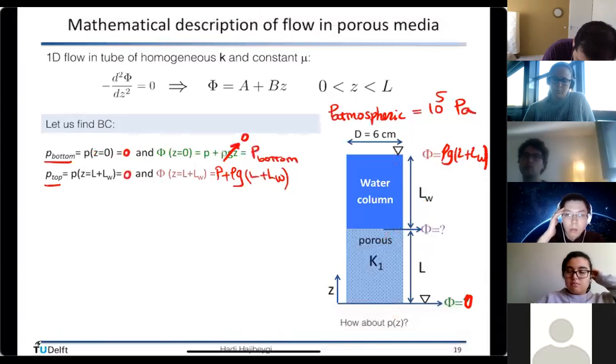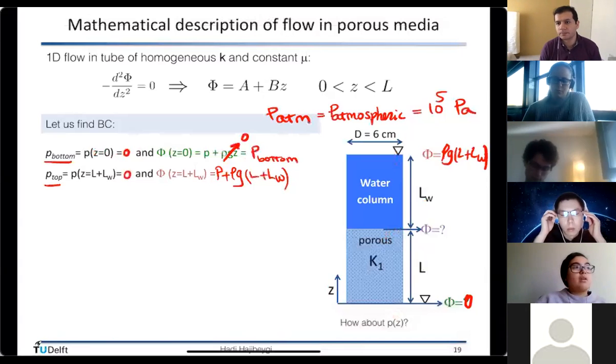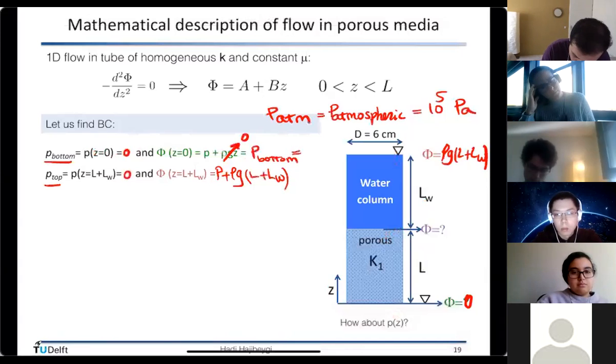In short, we write it most of the time PATM, which is atmospheric pressure. It's not the cash machine, it's ATM. This is atmospheric. Okay? So in absolute form, it would be 10 to the power 5, but in relative, I'm just going to assume that this is 0, and this is rho G (L plus LW).